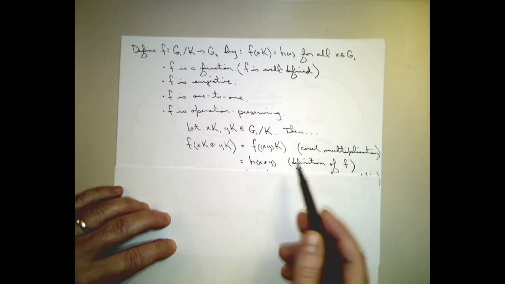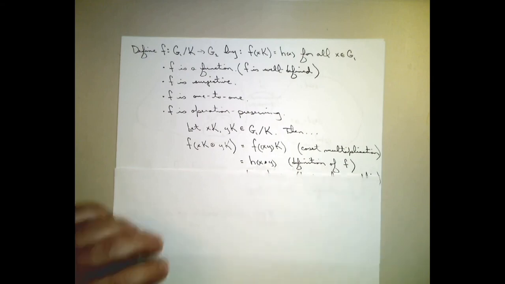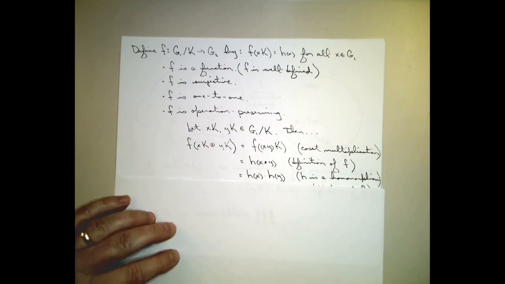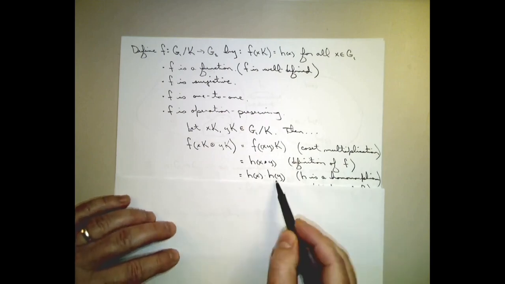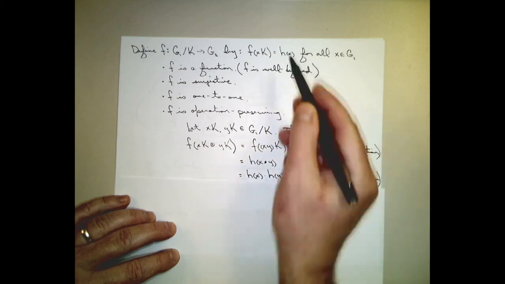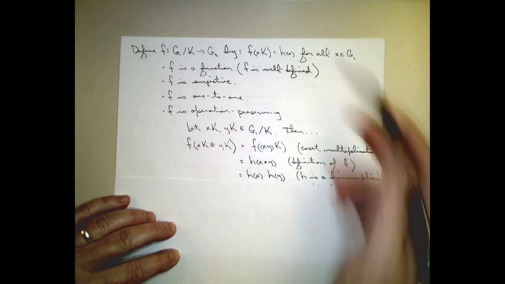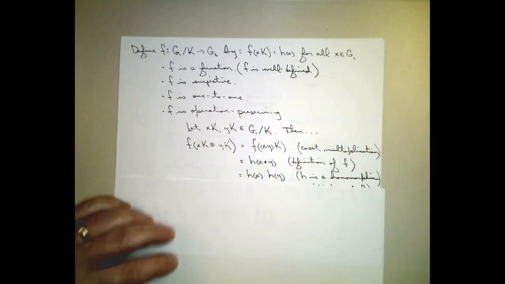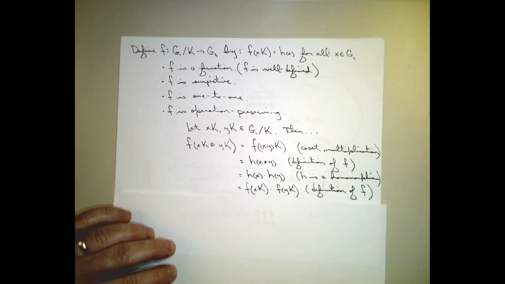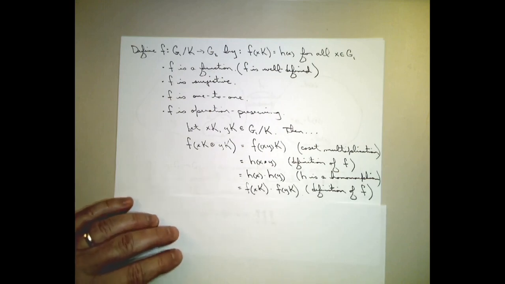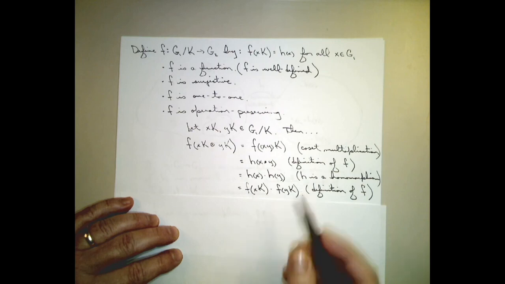H is a homomorphism, so H itself preserves the operation. So I can write that as h of x times h of y. But h of x is f of xk, and h of y is f of yk. So there it is.